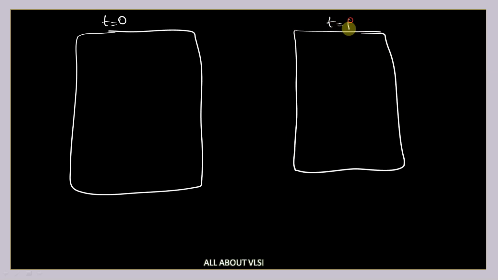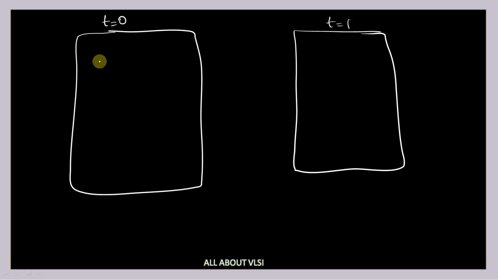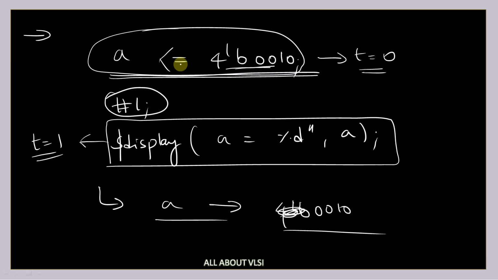For t equal to 0, one event scheduler has been created like this. For t equal to 0, one set of events is created, and for t equal to 1, another set of events is created. I have shown you this previously also. Now, we have written non-blocking 4'b0010. In the active region, at t equal to 0, the left hand side value is not updated.